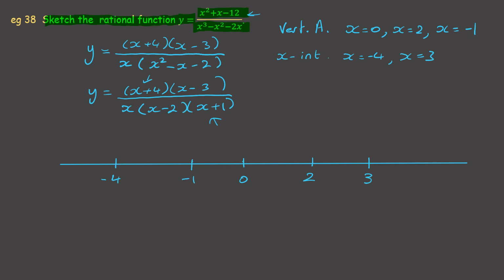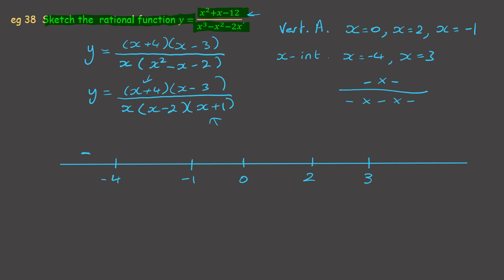Okay, so if we're to the left of negative 4, all of those would be negative, and so it's going to be negative because there's 5 things that are negative. So basically we've got negative times a negative over a negative times a negative times a negative. That's going to be negative overall.